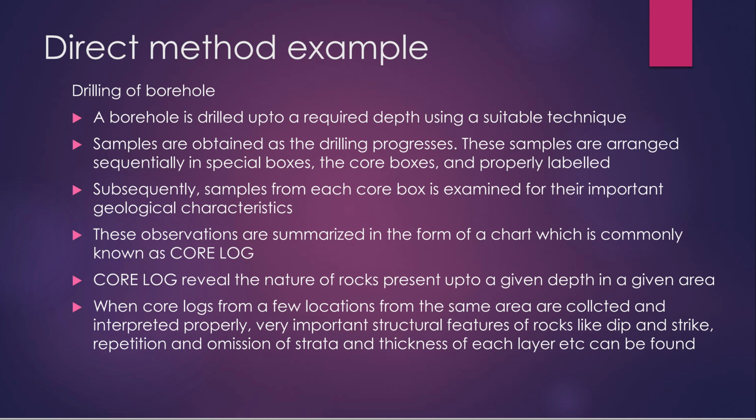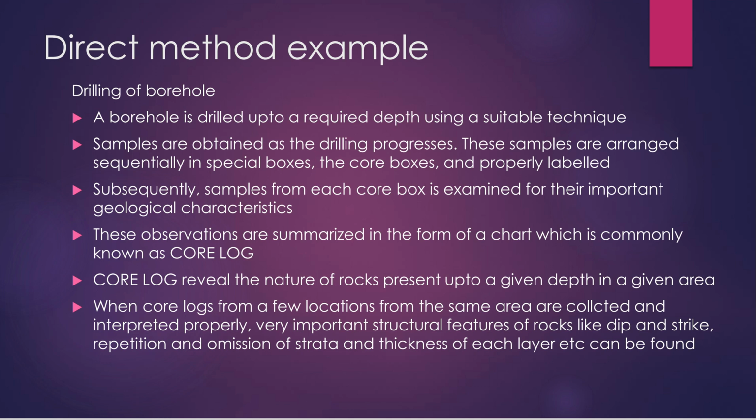So the samples collected from each layer of soil are kept in the core boxes and they are tested in the labs. Subsequently, samples from each core box are examined for their important geological characteristics. These observations are summarized in the form of a chart which is commonly known as core log.